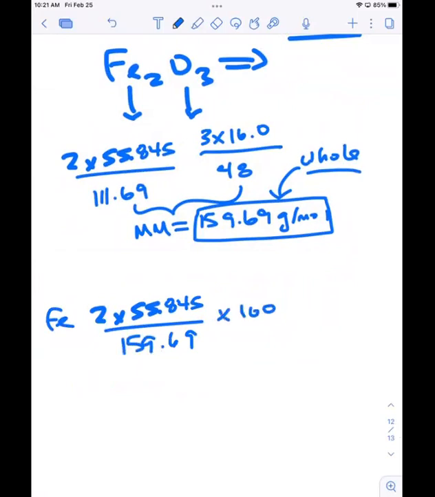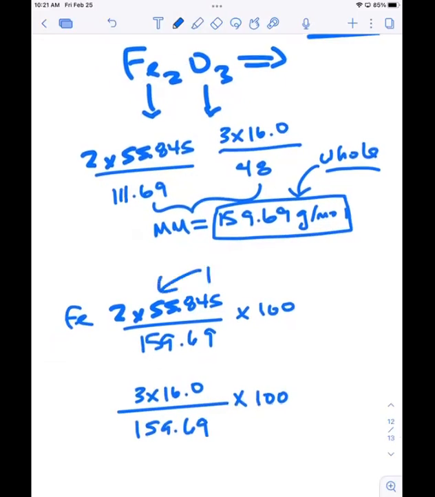And then for oxygen, it's going to be this number right here, same thing. I know I just cheated, but it's Friday. All right, so that divided by 159.69 times 100. Again, it's the part over the whole.